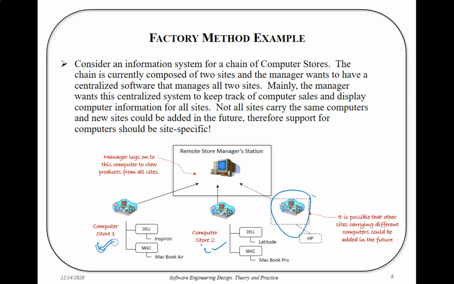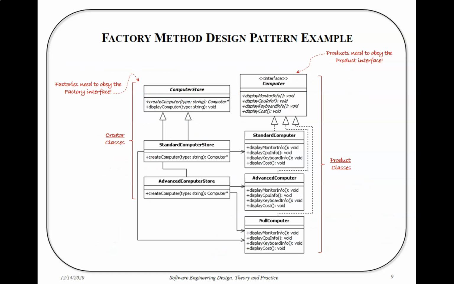We have computer store 1, store 2, and possibly a new store, maybe a new HP type that sells PCs. In order for this remote store manager station to access the new one to add, we want to reduce the code in the main code here. That's why we use the factory method. This is back to the original problem that we want to solve. So we continue with the solution.